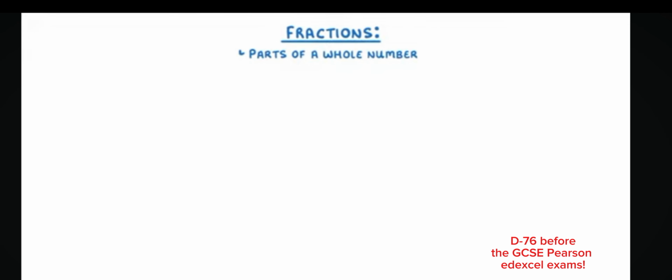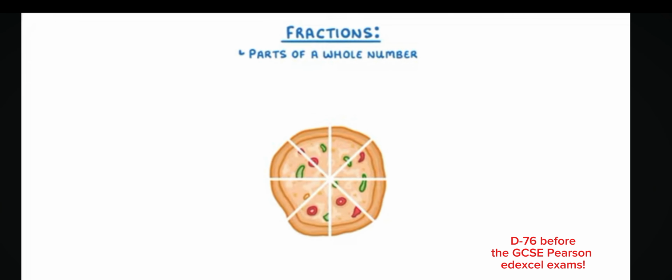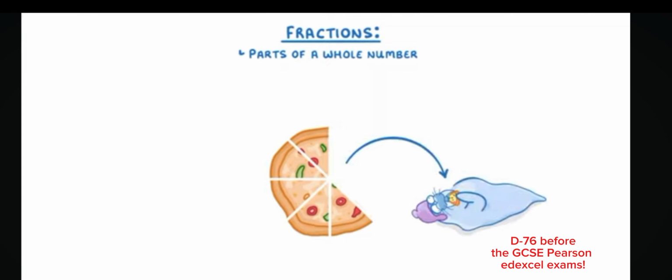To put this into practice, if you had a pizza and you cut it up into 8 equal slices, you'd have divided it by 8. And if somebody then ate 3 of those slices, they'd have eaten 3/8 of the pizza, or eaten 3/8. And so you'd be left with 5/8 of the pizza, because you only have 5 of those 8 slices left.